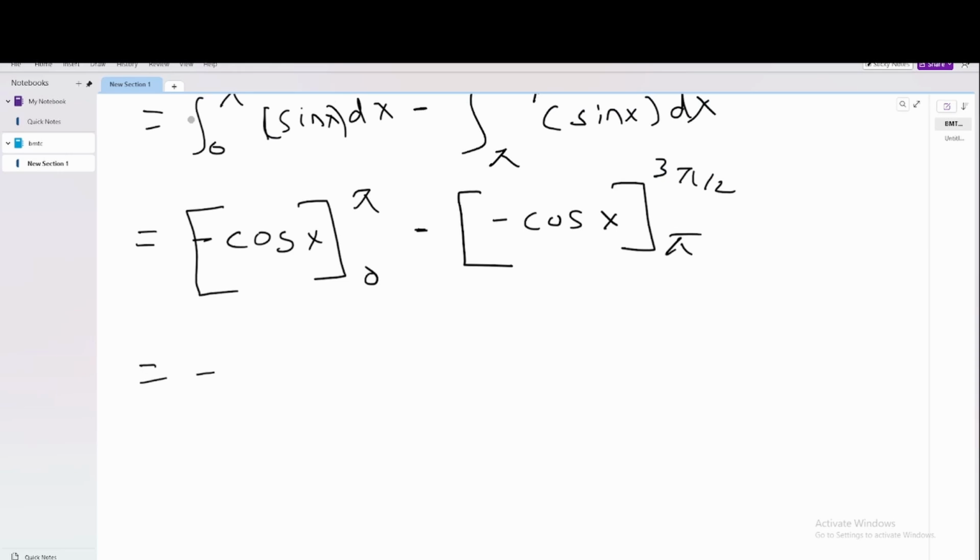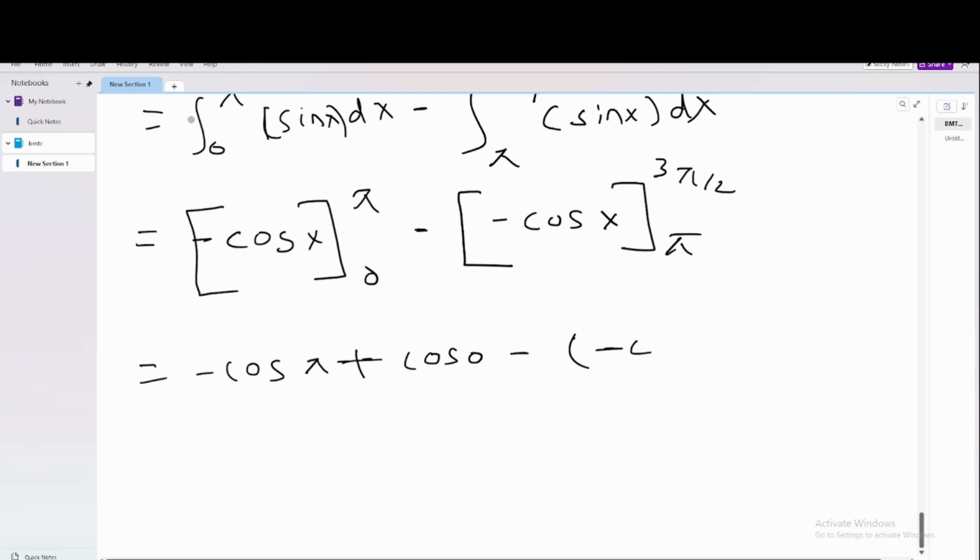So minus cos pi plus cos 0, minus cos 3 pi by 2 plus cos pi.